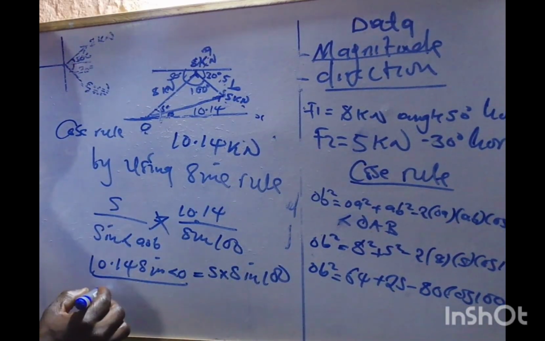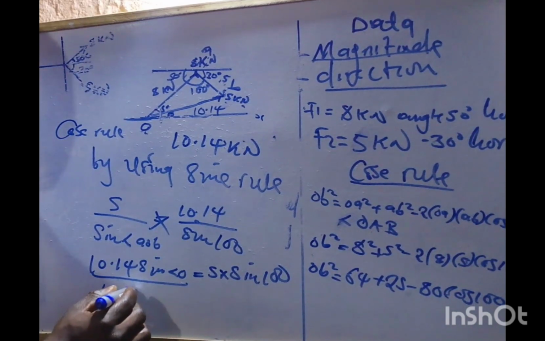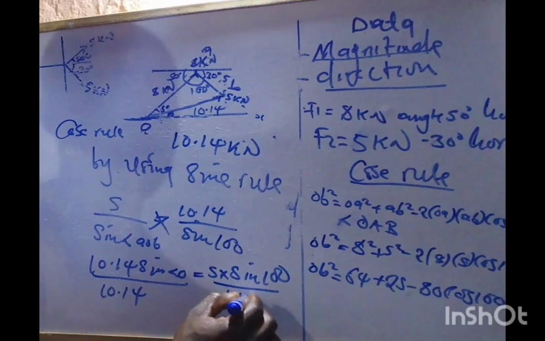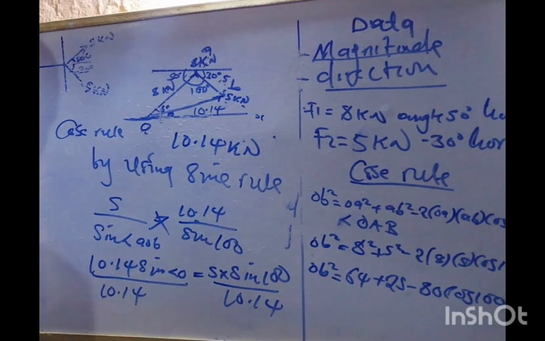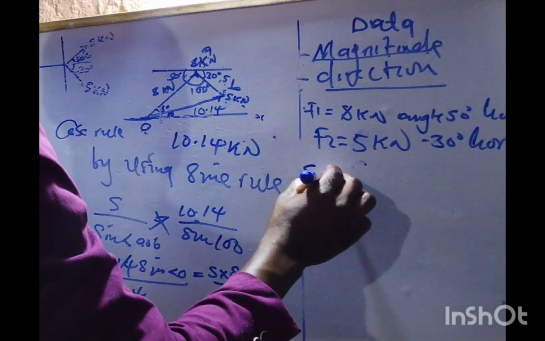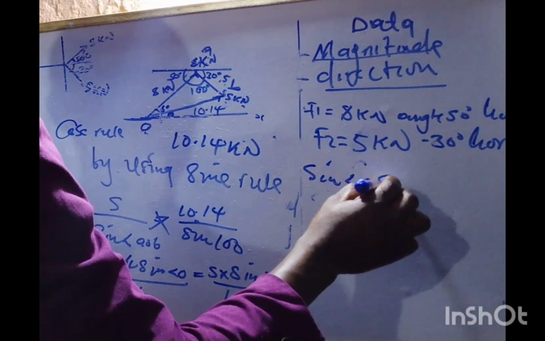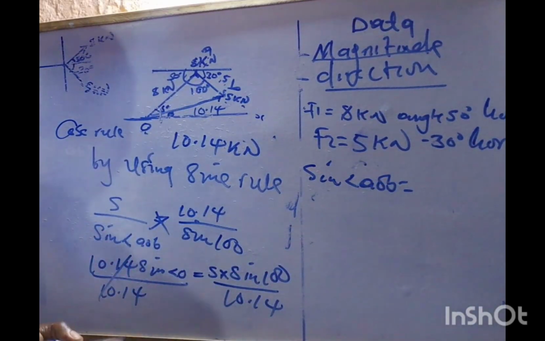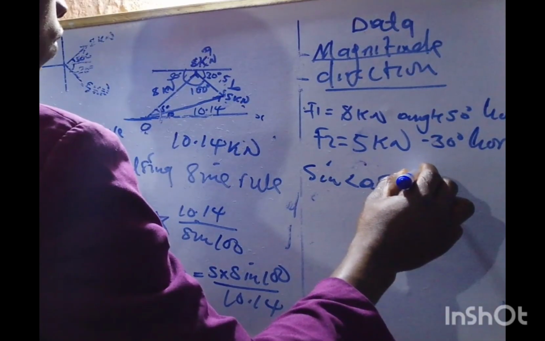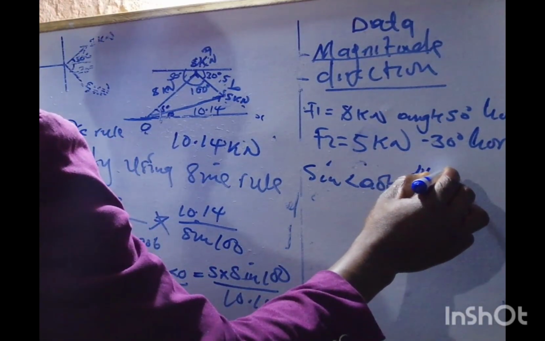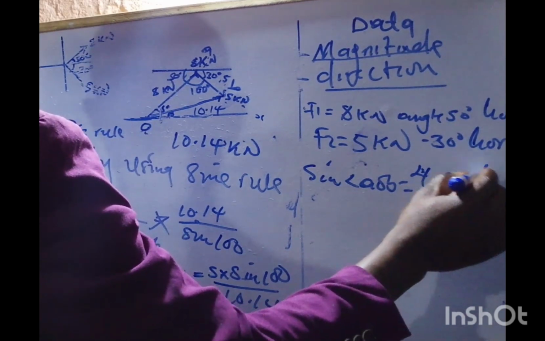Then you divide throughout by 10.14. Sine of angle AOB will be equal to, when you multiply 5 times sine 100, 4.924.